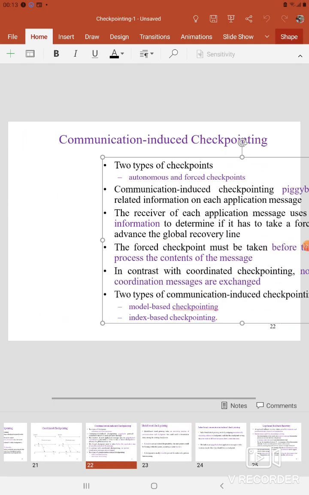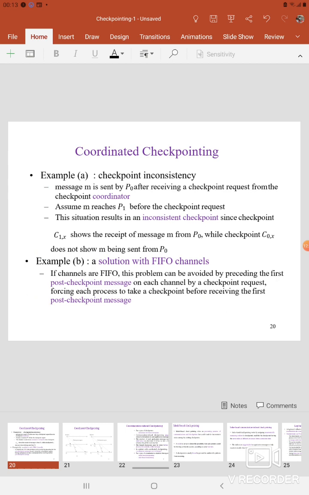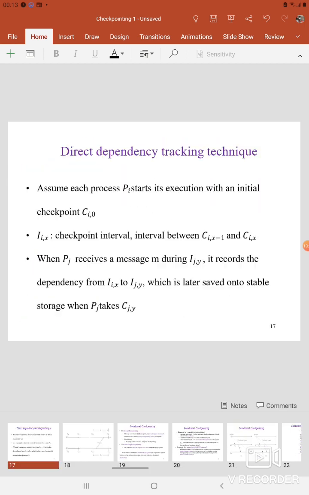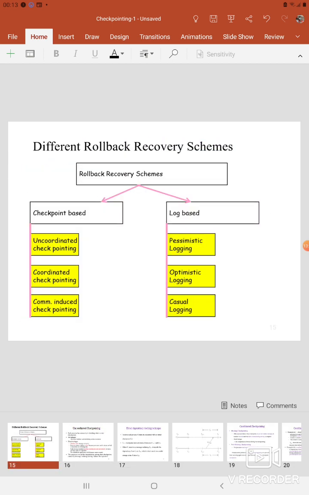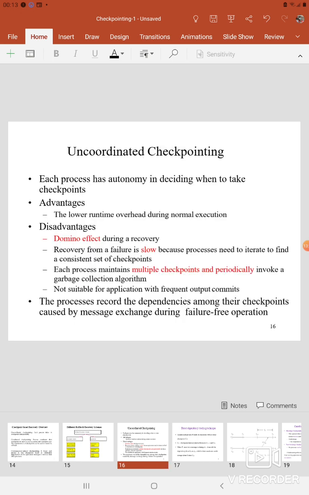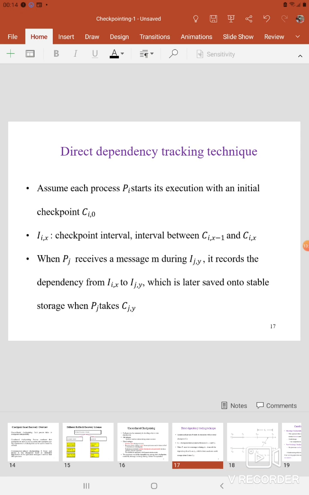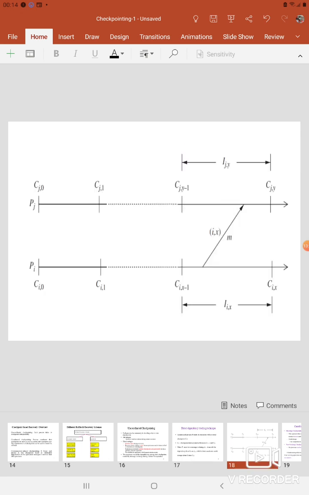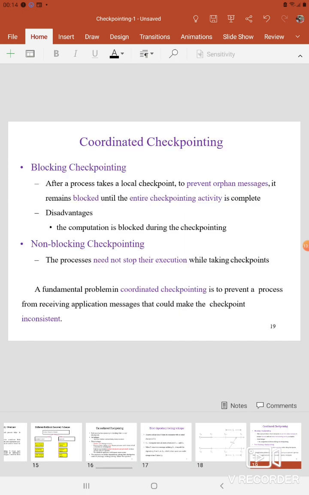So once again, we have studied checkpoint based rollback recovery schemes. Under that, we have studied uncoordinated checkpointing. Uncoordinated means we don't need any coordination among the processes while taking the checkpoint. Here we use the technique of direct dependency tracking, and this is one example.